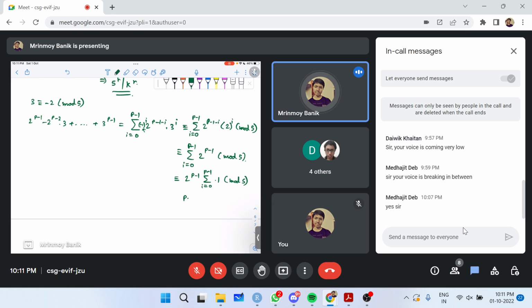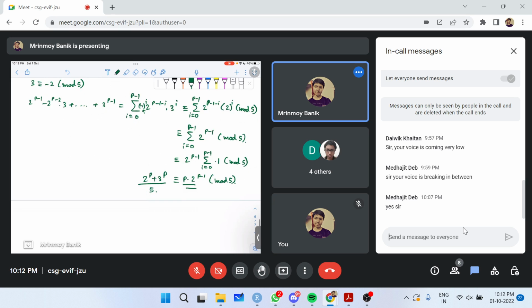So you get p times 2^(p-1). That is what our number, (2^p + 3^p) divided by 5, is congruent to. And this is not 0 if p is not 5 and p is not 0.